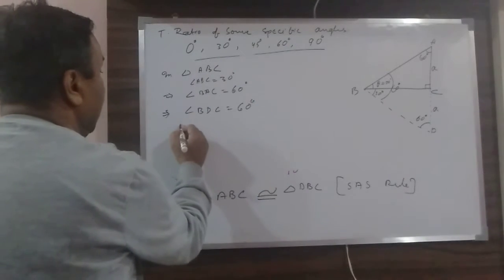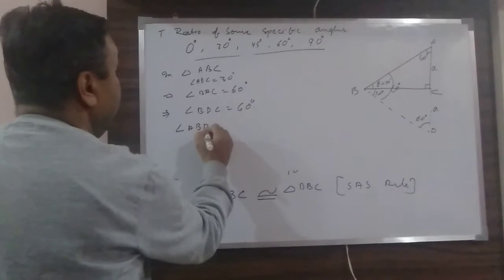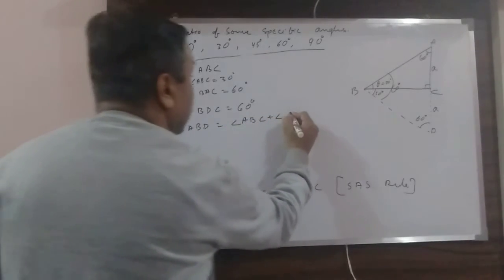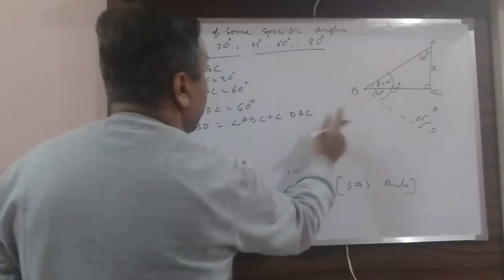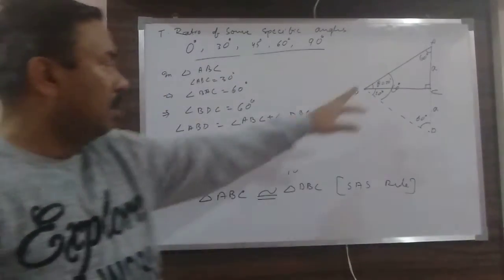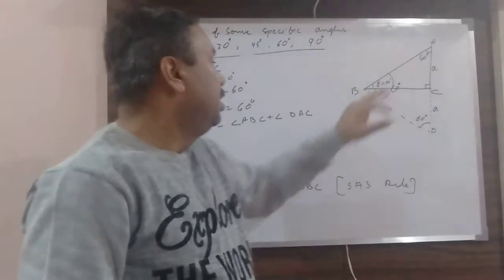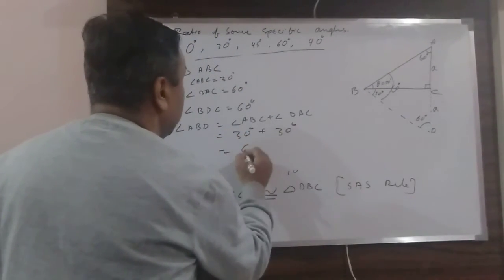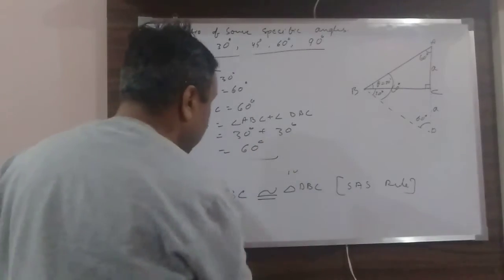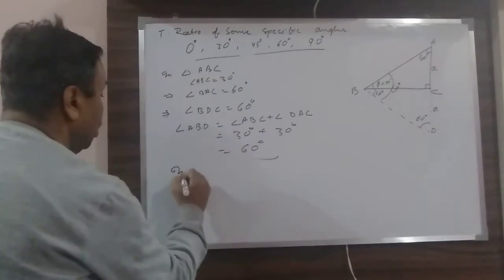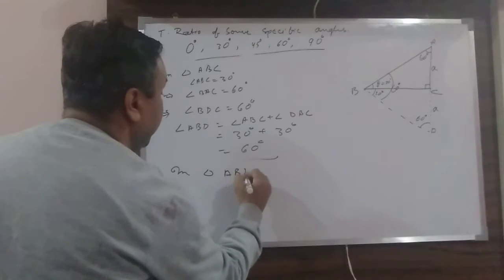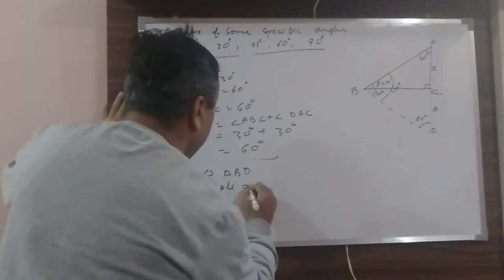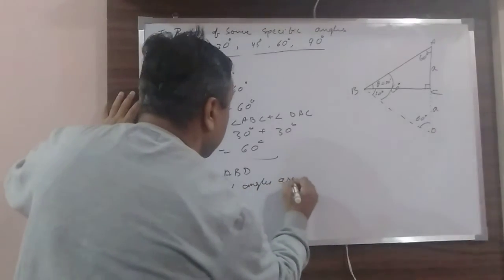And angle ABD will be equal to angle ABC plus angle DBC. Now being congruent triangles, if this is 30, this is also 30, so this is 30 degree plus 30 degree, that is equal to 60 degree. So in triangle ABD, all angles are 60 degree.